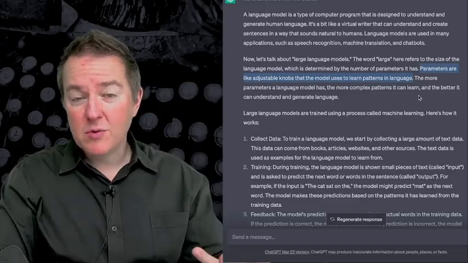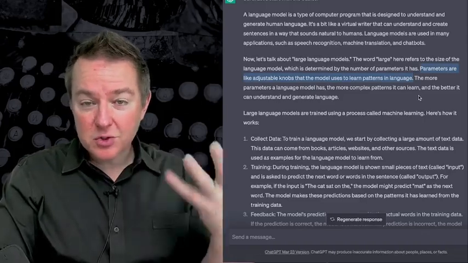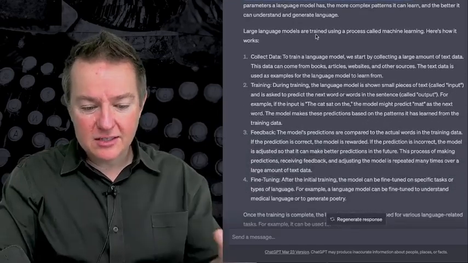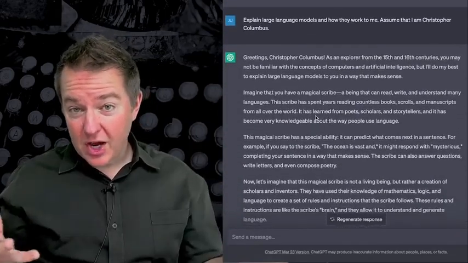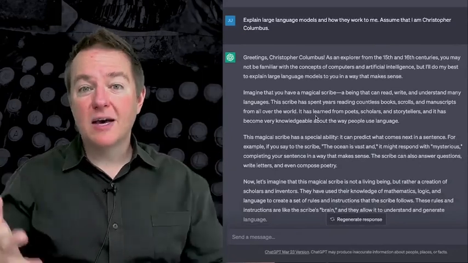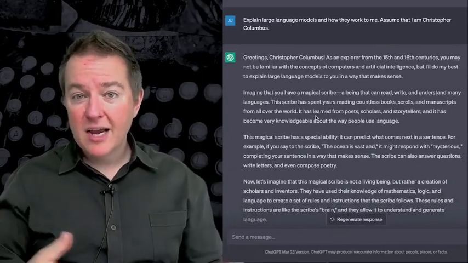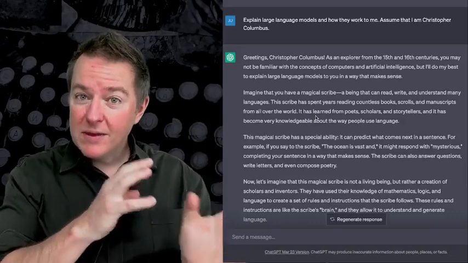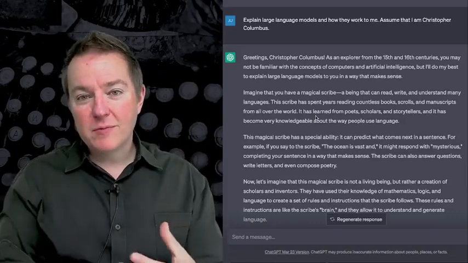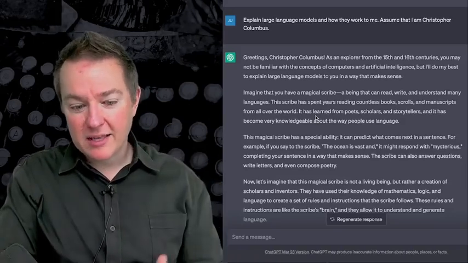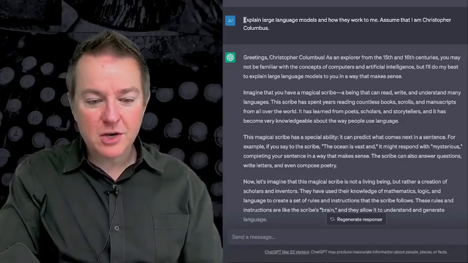So it's describing what a parameter is in a sort of accessible way. And it goes on and it talks about all the different steps in creating this. So it did a good job, right? I said, assume that I don't have background in computer science, and explain it to me. And so it made sure in its explanation that it had the right information and then presented it at the right level for me.